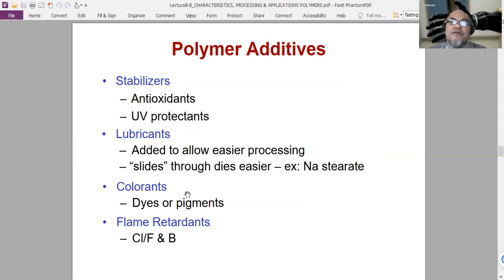You can also add colorants in the form of dyes or pigments to color the polymer. Flame retardants prevent the polymers from burning.